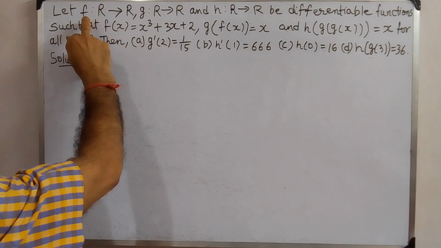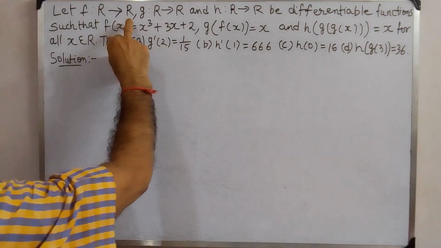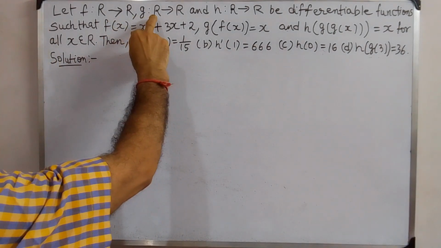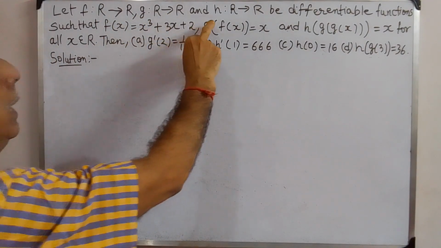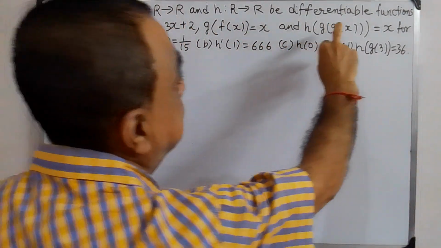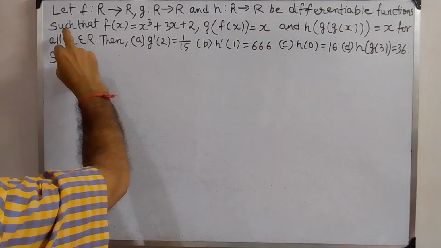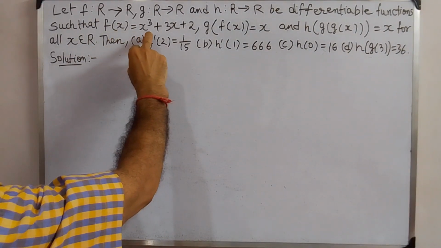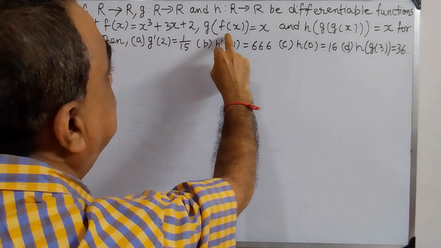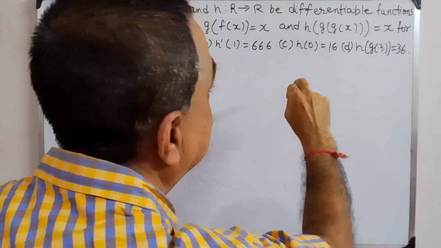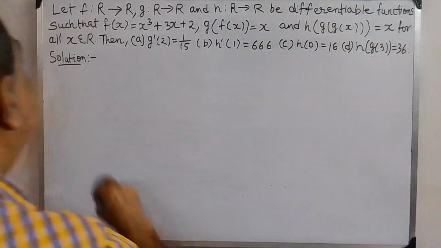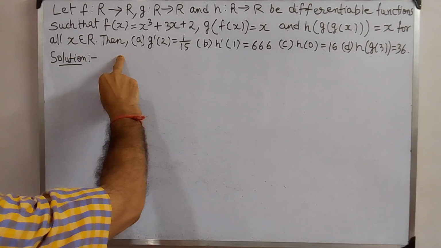Let f, g and h be differentiable functions from R to R, such that f(x) equals x cube plus 3x plus 2, and g of f(x) is equal to x, and h of g(x) is equal to x, for all x element of real numbers.